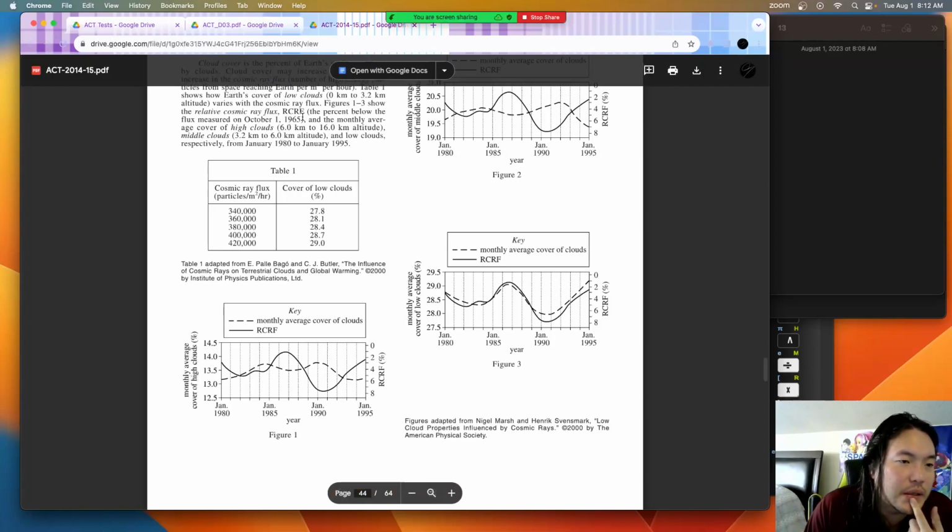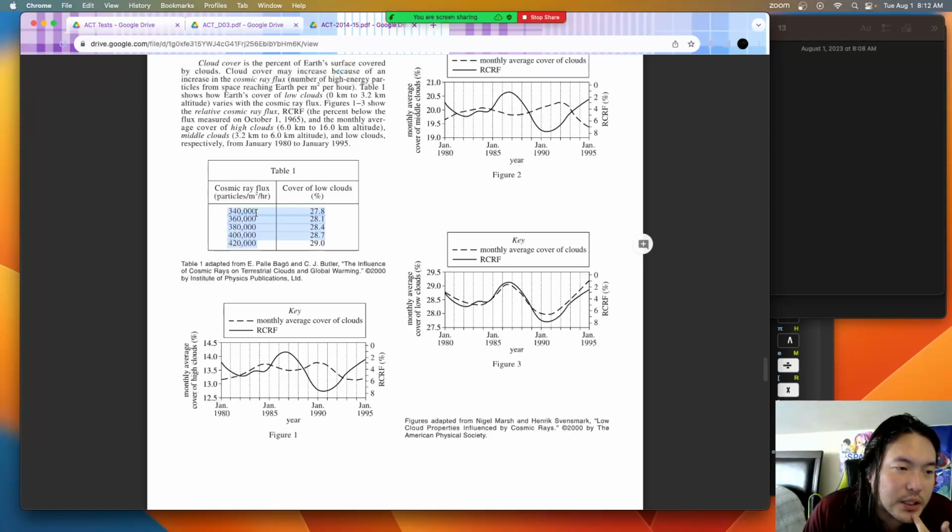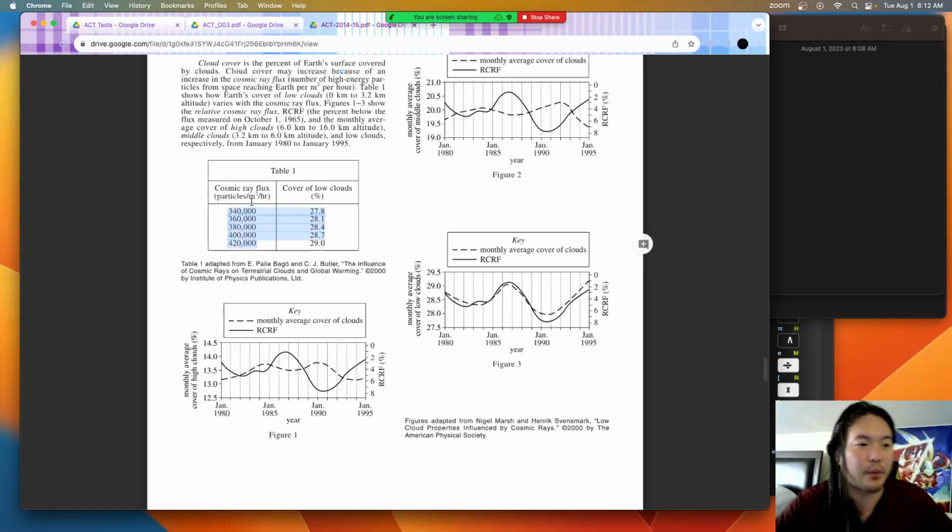In table 1 they give us the cosmic ray flux in terms of particles per meter squared per hour. A meter squared is actually pretty big. A meter is pretty long, right?